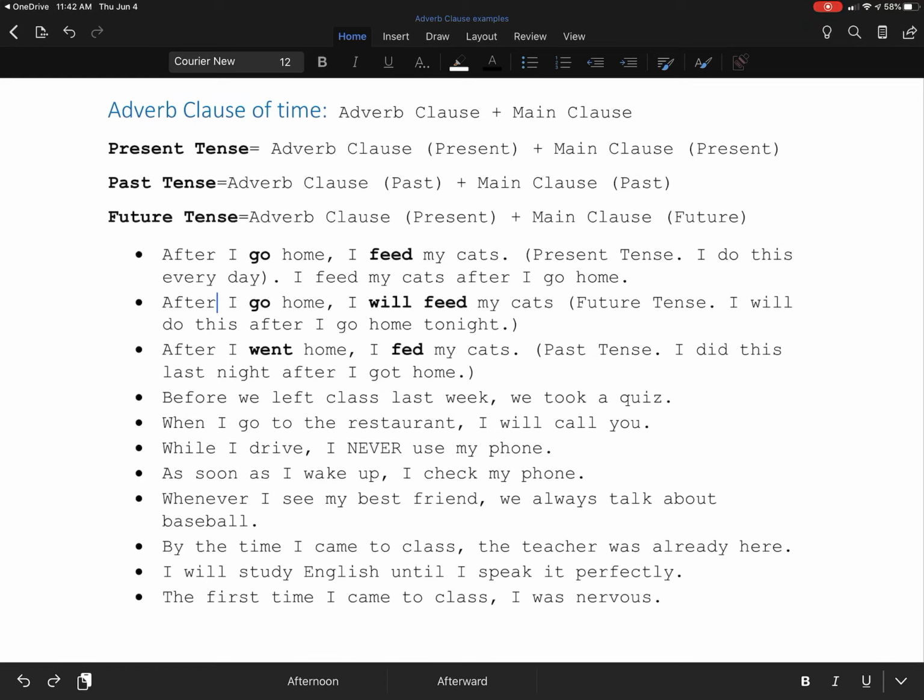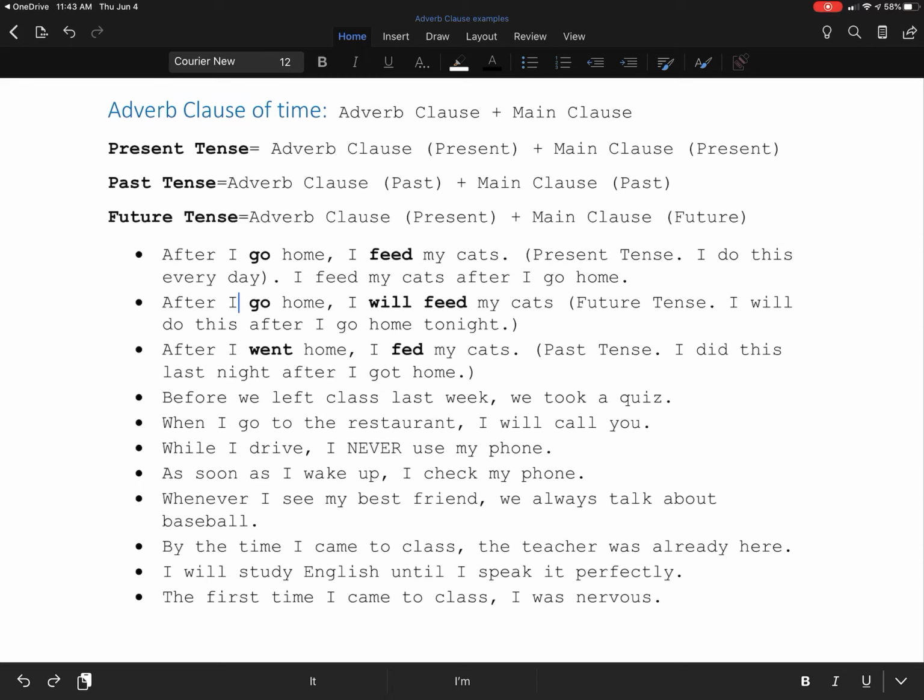If we're going to use a future adverb clause, when we say some of these words like after, before, when, while, I'm not going to use a future verb immediately after that. So here, after I go home, I will feed my cats. This first part, the adverb clause part, will not contain the future tense verb will or going to.